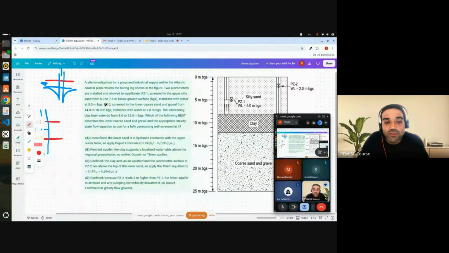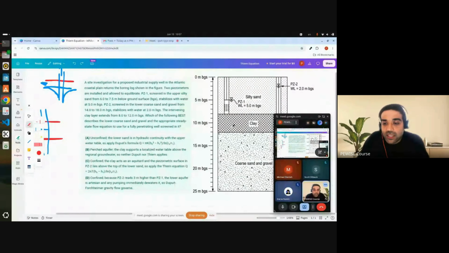But PZ2 is screened in the lower coarse sand and gravel from 14 to 18 meters below ground surface, and stabilizes with water at 2 meters below ground surface. The intervening clay layer extends from 8 to 12 meters below ground surface. Which of the following best describes the lower coarse sand and gravel and the appropriate steady state flow equation to use for a fully penetrating well screen in it?